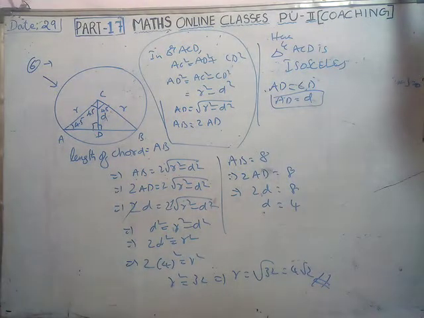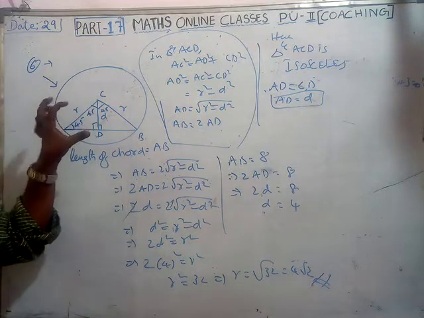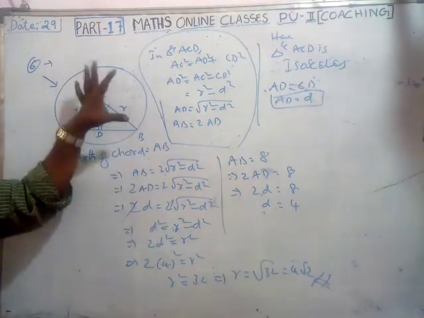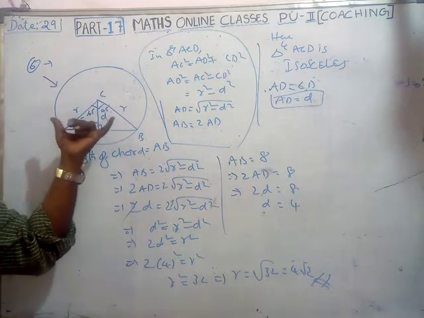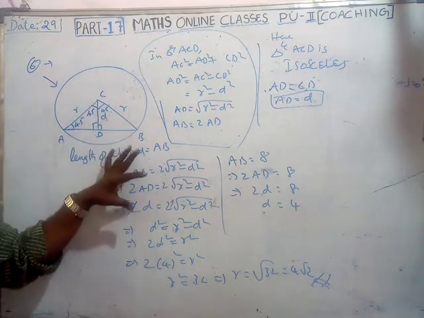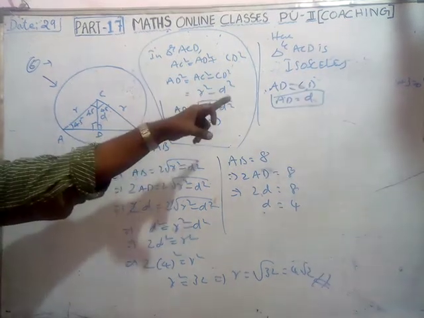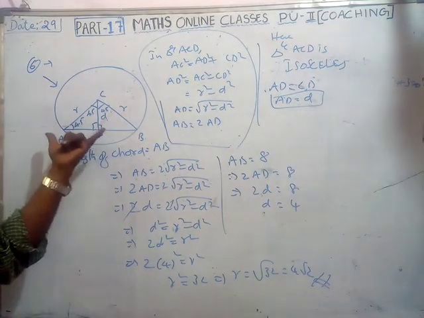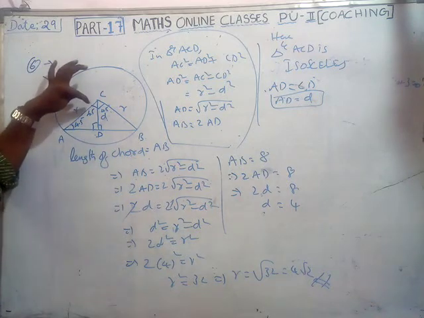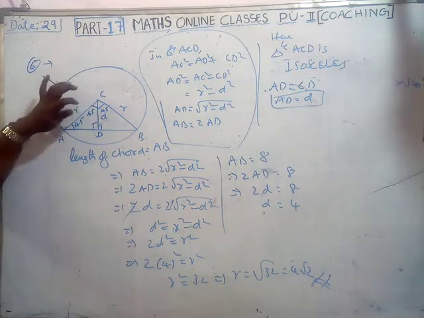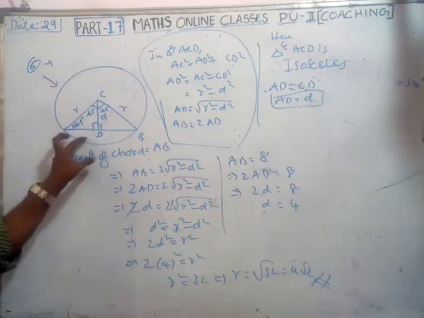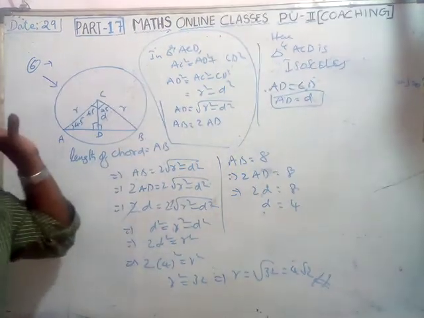Don't confuse it. This concept is very important. This diagram is related to the general length of chord. But the problem is isosceles because this chord subtends 90 degrees, that is 45, 45. If it is 45, it is also 45. Two angles are equal means this AD is equal to D. That is important.